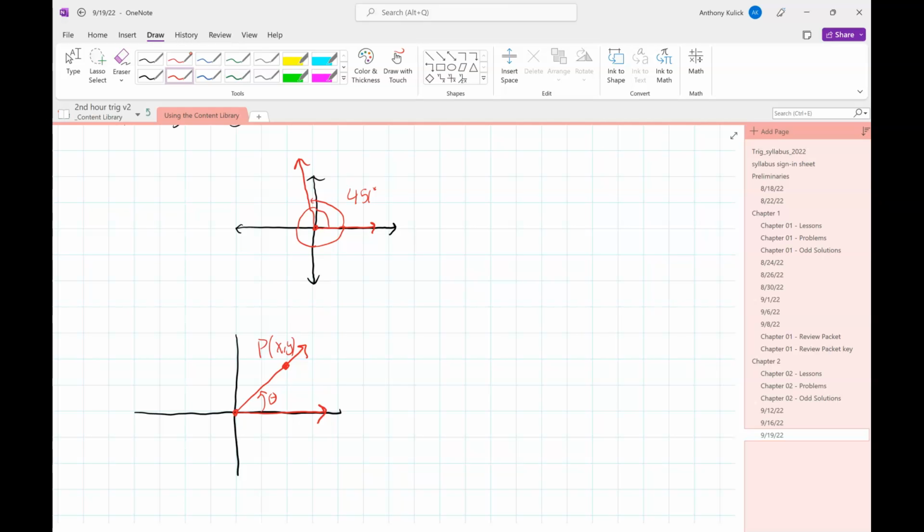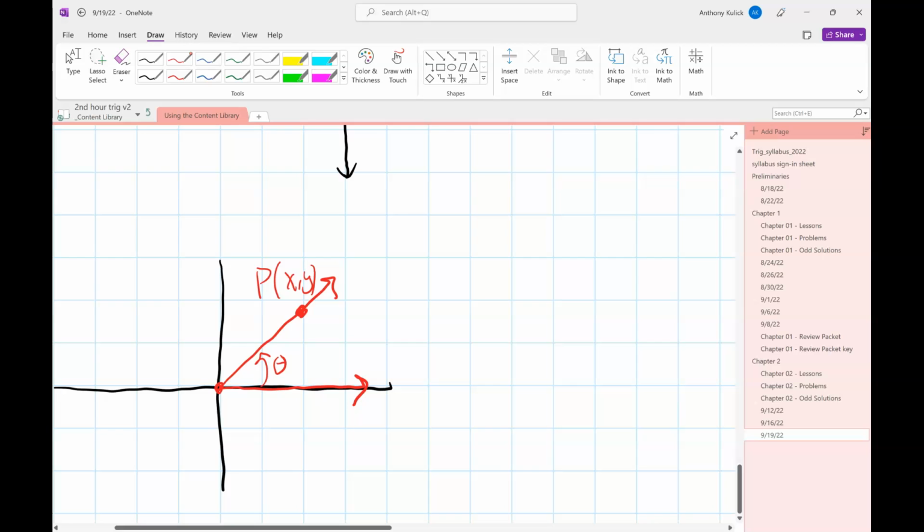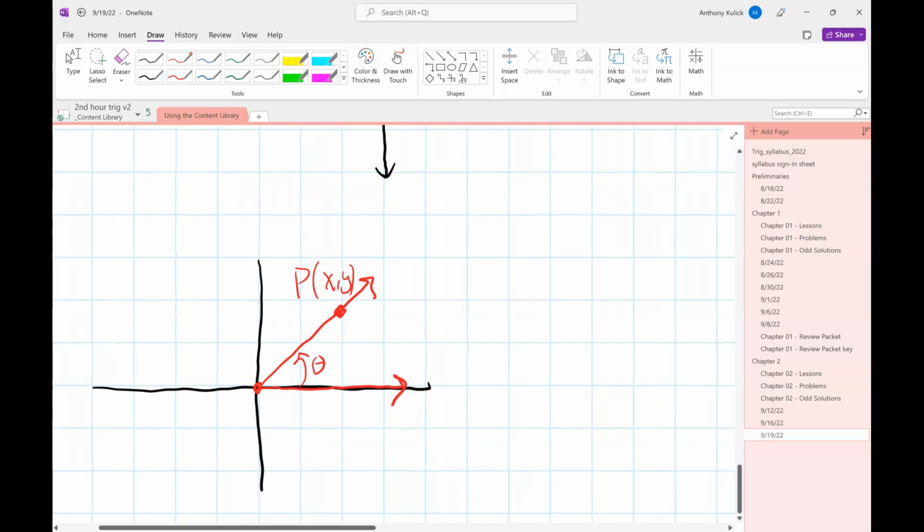So here's my angle theta. On the terminal side of that angle, I've just picked some point. I'm calling that point P. That point P has coordinates x, y.